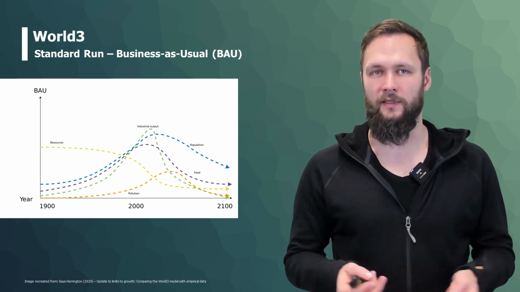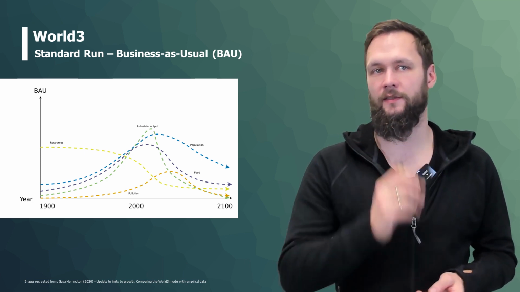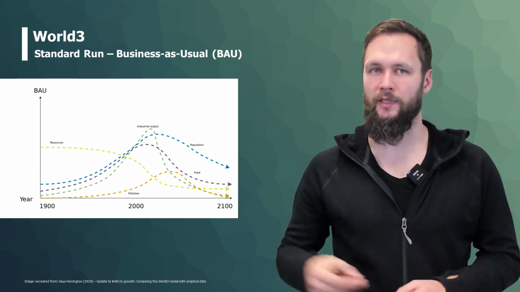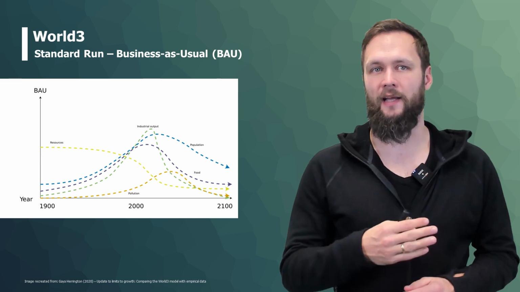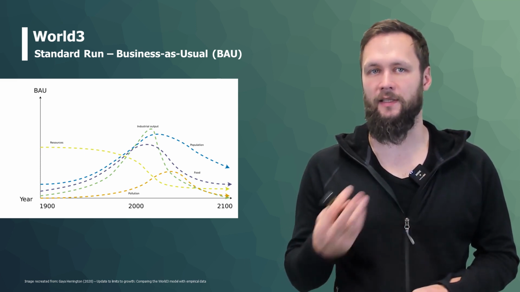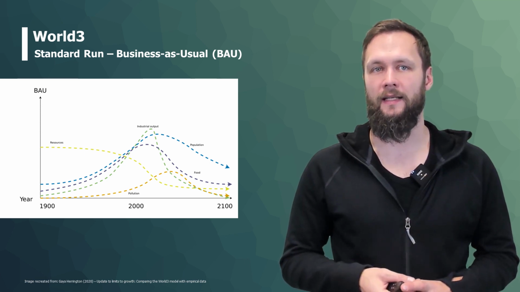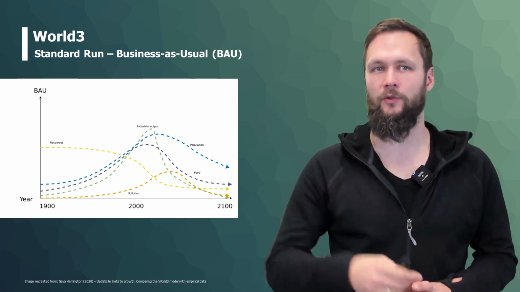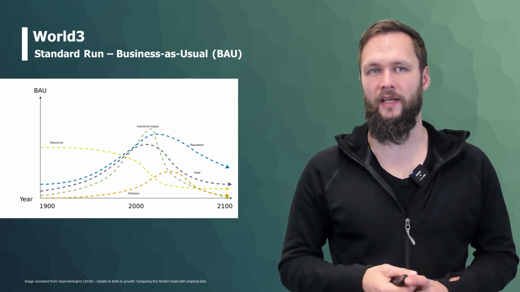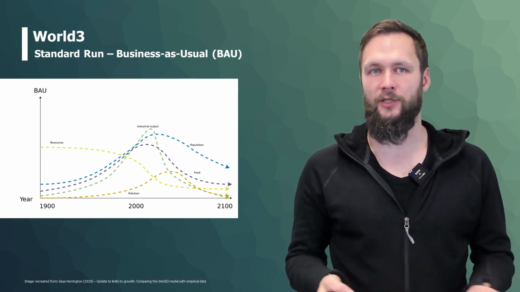And as we already discussed, we have a set of finite resources that is slowly but surely depleted. And then we have the agriculture production, so food per capita, industrial output, and population going straight up to a certain point until they collapse. And then there's pollution also going up. So what does this essentially mean?